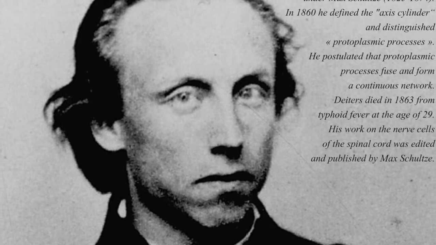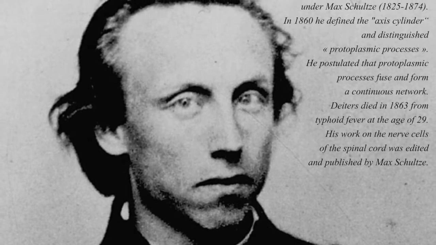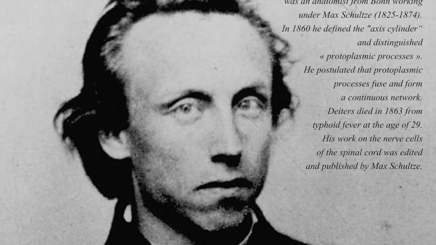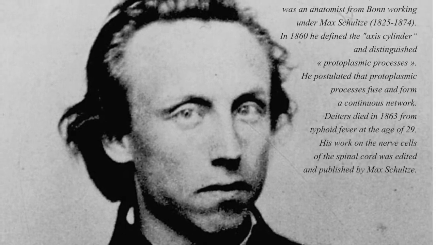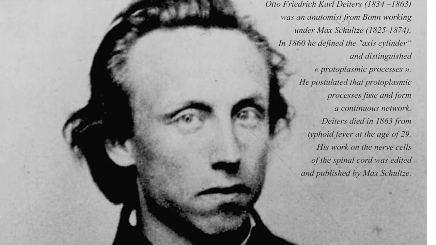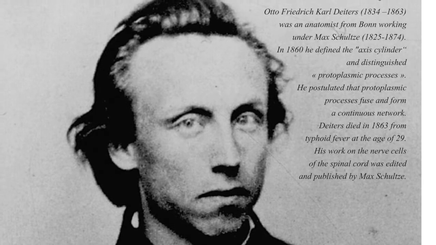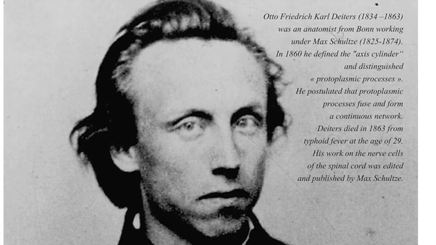Studying cell parts and their relations led to the neuron theory, but a previous step was the discovery of nerve cell axons by Deiters. Otto Deiters was an anatomist from Bonn working with Max Schultze.